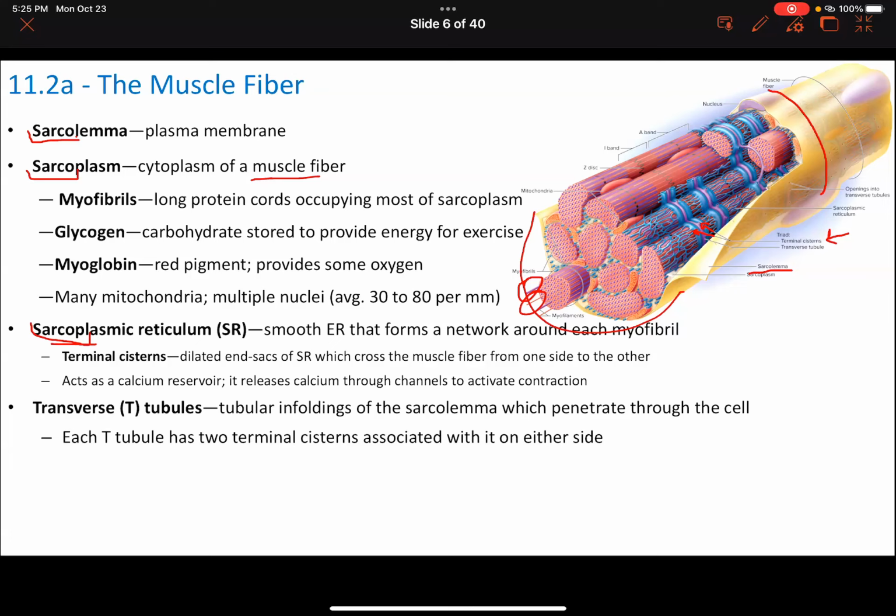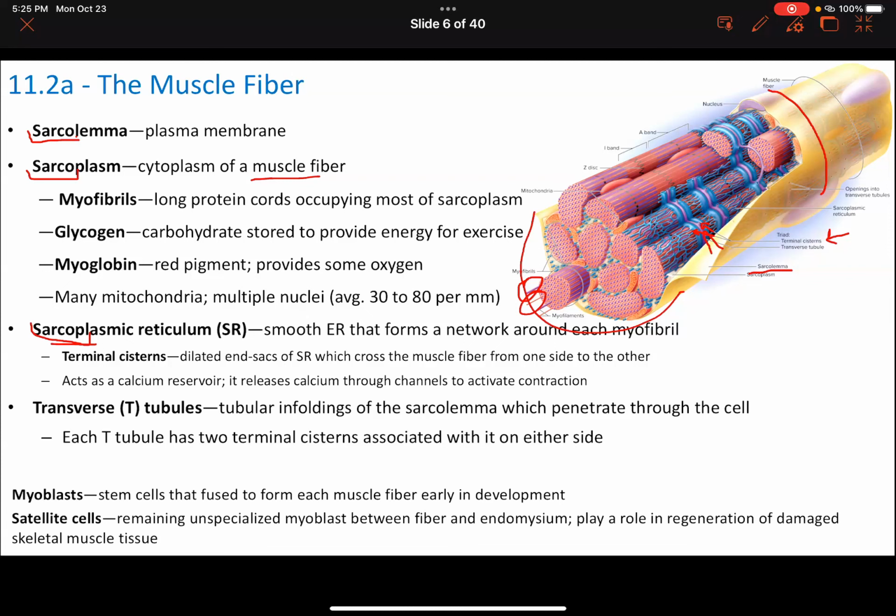We often refer to them as T-tubules. These are infoldings of the sarcolemma, where this yellow will infold, usually between two ends of sarcoplasmic reticulum, and they penetrate through the cell. Each T-tubule also has terminal cisterns on either side.